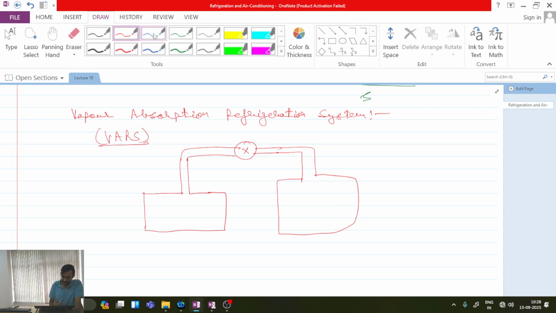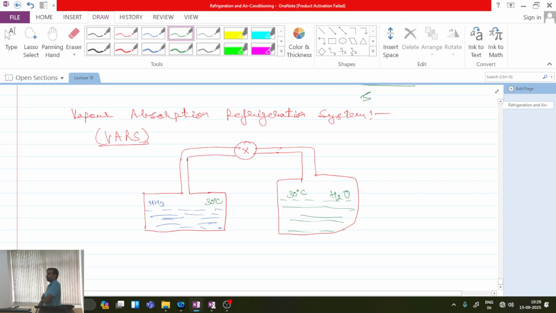Now in the first chamber I have ammonia, NH3, and in the second chamber I have water. Let us consider at the ambient condition both are at a temperature of 30 degrees Celsius.